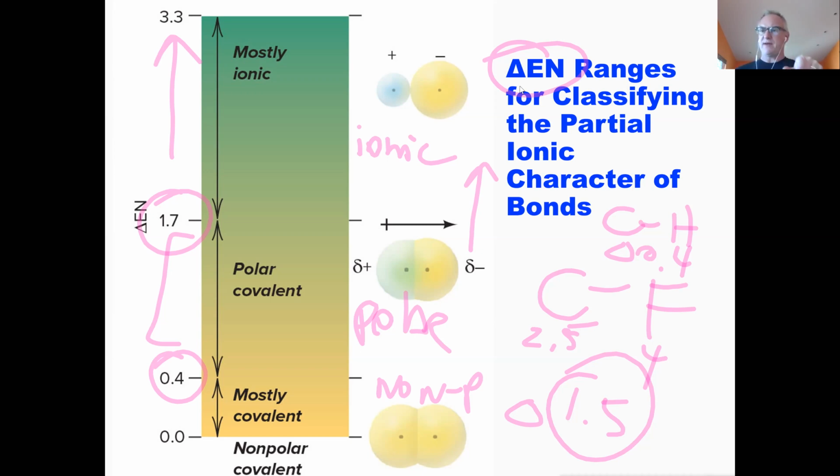We can measure this directly by looking at the boiling points or the melting points. When you break the ionic bonds, when you melt them, that's why ionic compounds don't melt until you get extremely high temperatures.